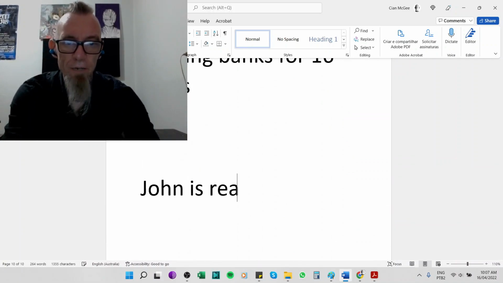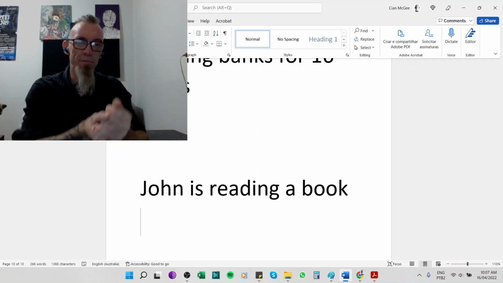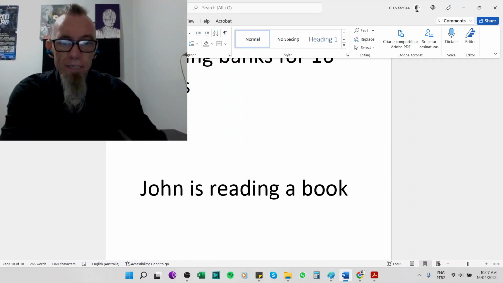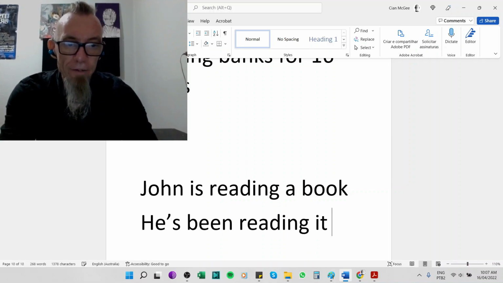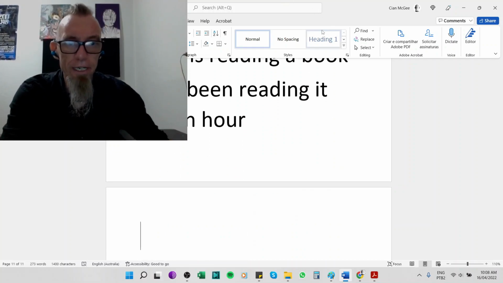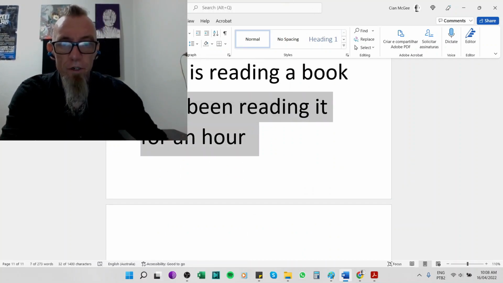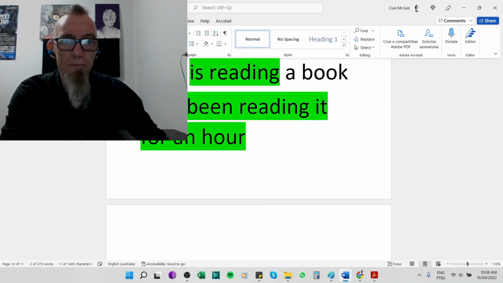John is reading a book. This is what's happening right now, absolutely right now. So let's measure the action. He's been reading it for an hour. So that's our first part here. We're measuring the verb. Now we want to measure the output.